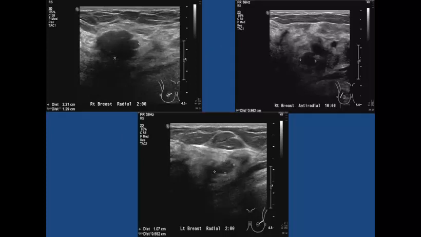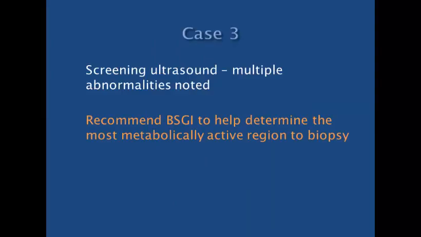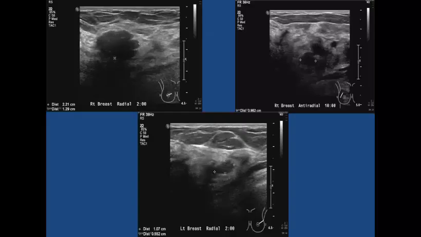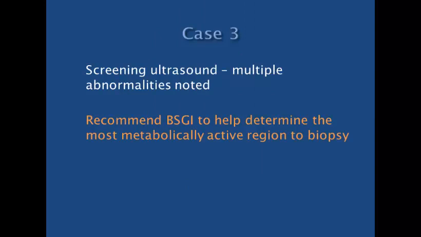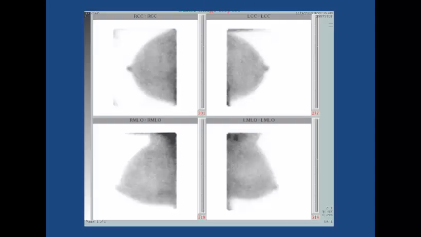In the whole breast ultrasound, these are the findings. Whole breast ultrasound had multiple abnormalities noted, things everywhere within the breast tissue. And they made the recommendation for the nuclear medicine study. And this is the nuclear medicine study.